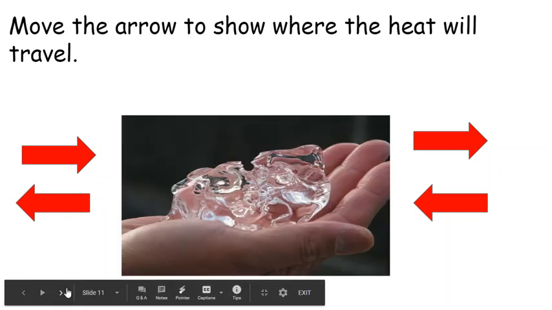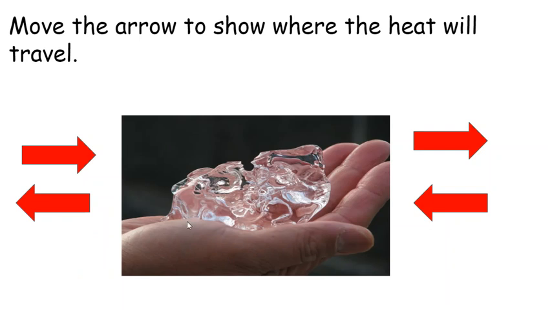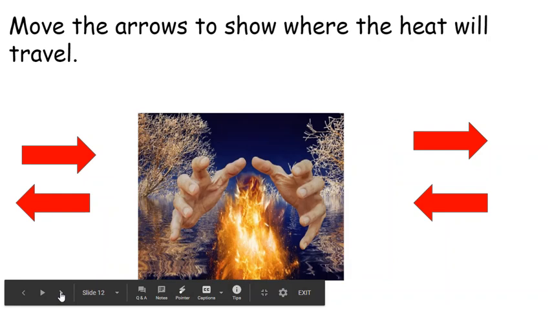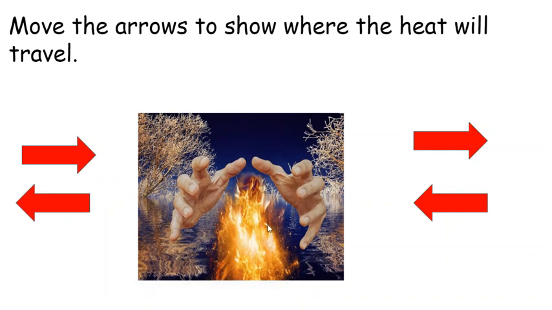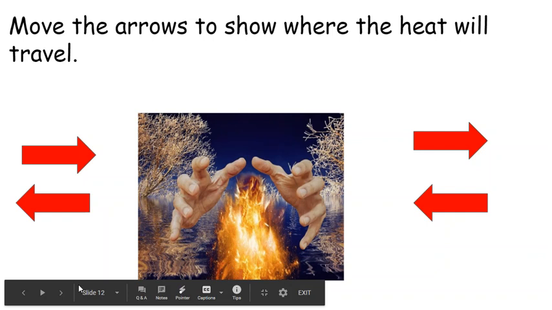Again, pause at any time if you want. Here you've got ice cube in your hand. Which direction is the heat traveling? Is the heat traveling from the ice cube to the hand, or from the hand to the ice cube? Last one. Is the heat from the fire being transferred to your hands, or is the heat from your hands transferring to the fire?